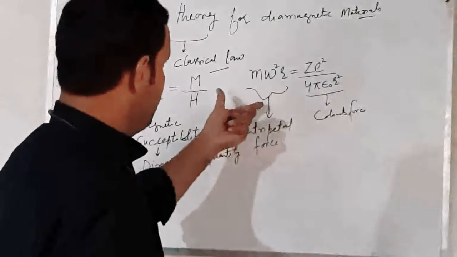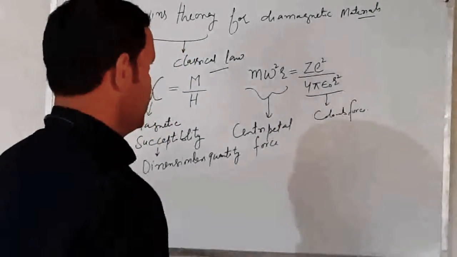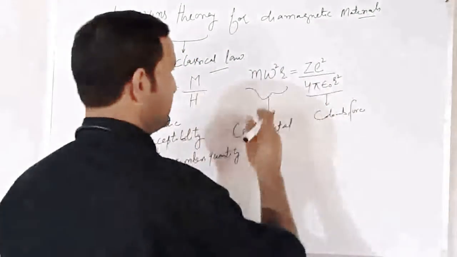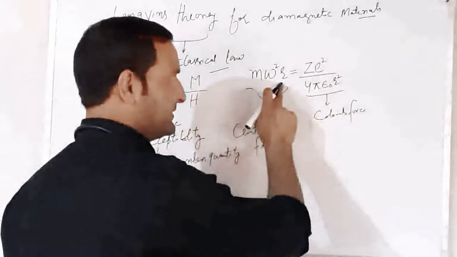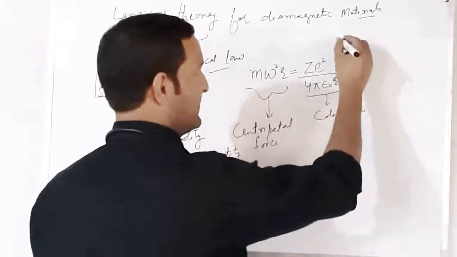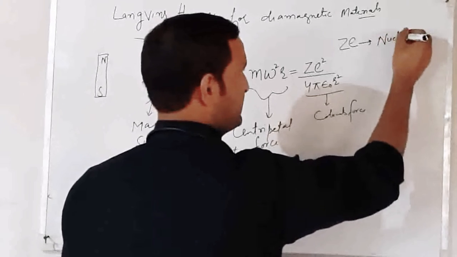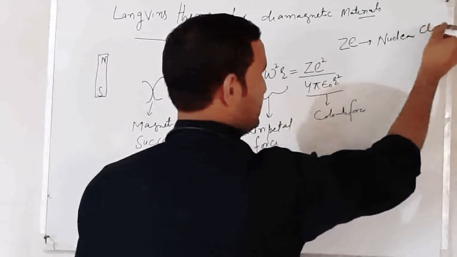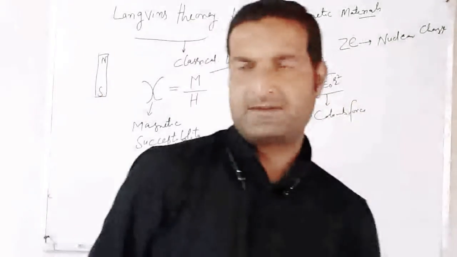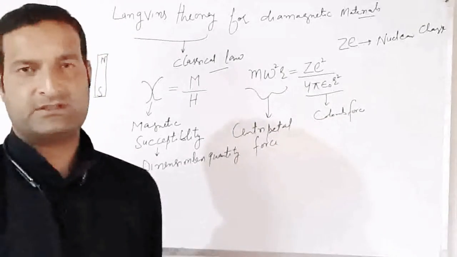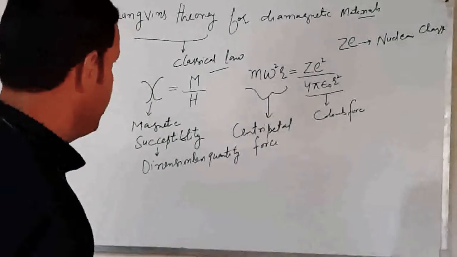So the centripetal force is provided by the Coulomb force for the electron to maintain the orbit. The parameters: omega is the angular frequency, m is the mass of the electron, r is the radius of the orbit, and Ze is the nuclear charge. We are familiar with these parameters from electrostatics, so there is no need to define them here.